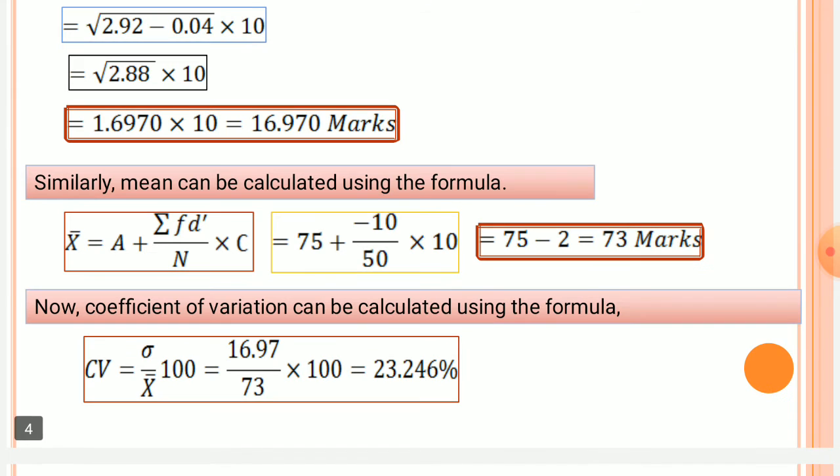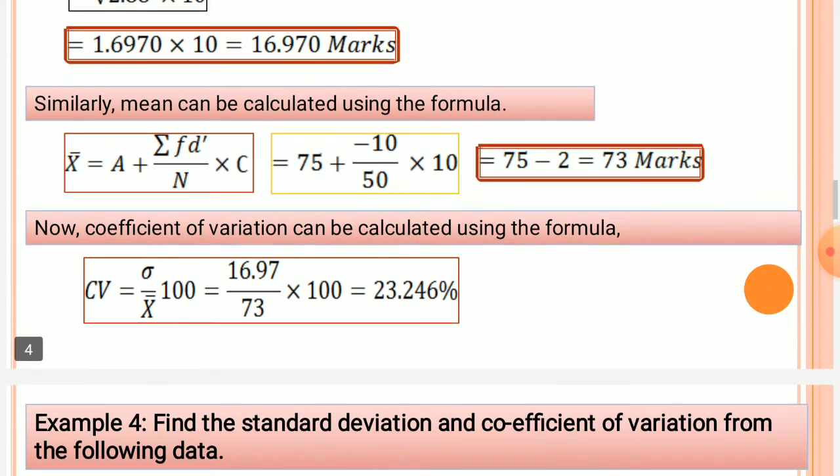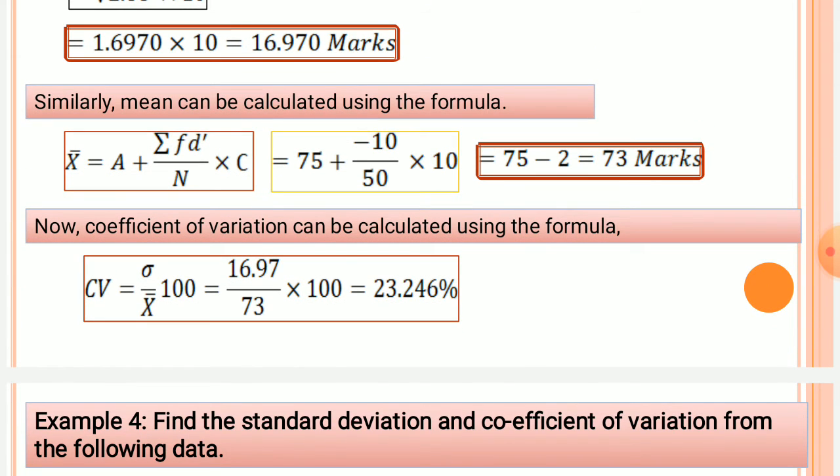Now arithmetic mean can be calculated as x bar is equal to a plus sigma fd by n into c. This is the formula in the step deviation method. So a, the assumed mean or assumed value, 75, plus sigma fd minus 10 by n, total frequency 50, into c, the magnitude of the class interval, into 10.